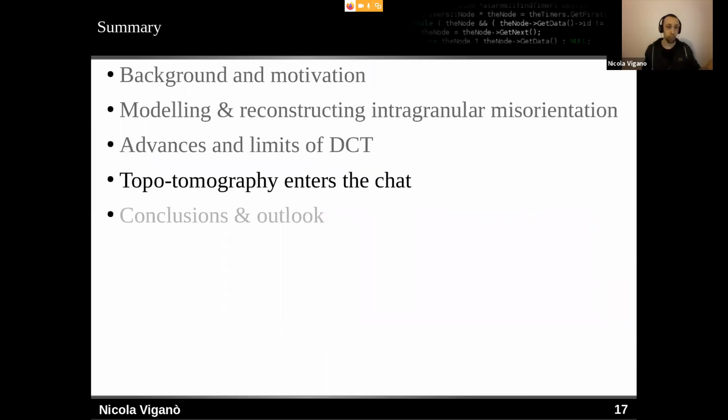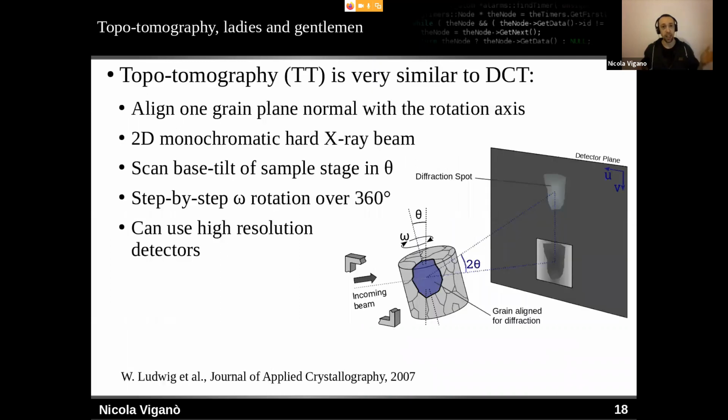And here, actually, Topo-tomography enters the chat finally. Topo-tomography is a close sibling to DCT, but also to dark field X-ray microscopy. And we basically realign one grain plane normal with the rotation axis of the sample stage, and we bring that into diffraction condition.